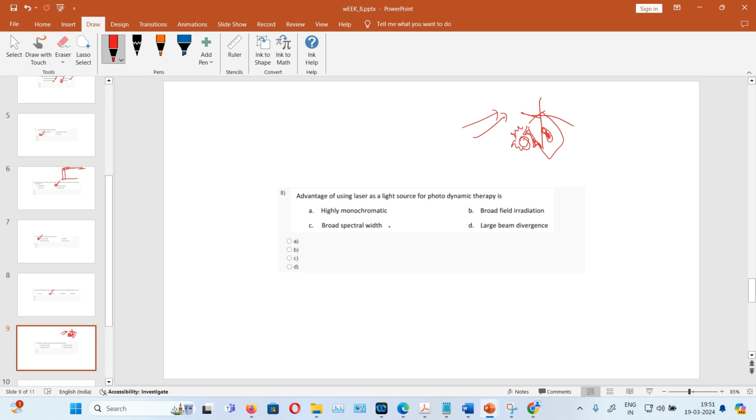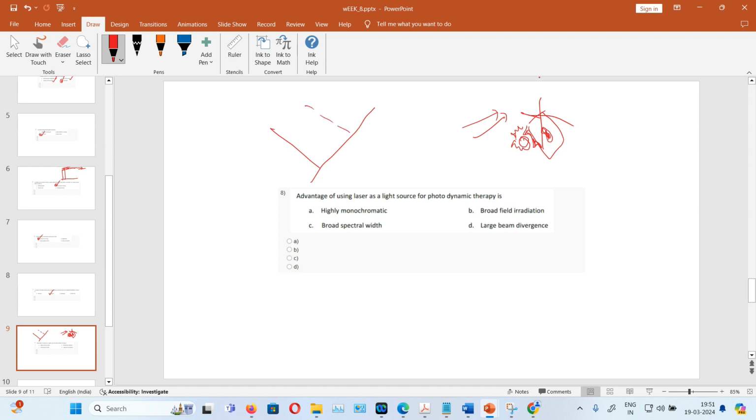The photosensitizer attached to the cell will absorb the light and get activated. So normal light is enough for photodynamic therapy. But in the case of an incandescent lamp, we cannot give a particular spectrum.